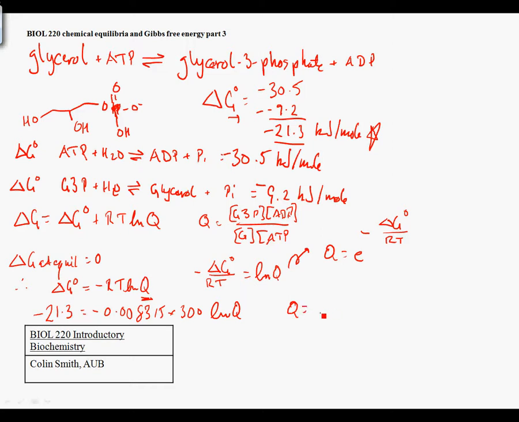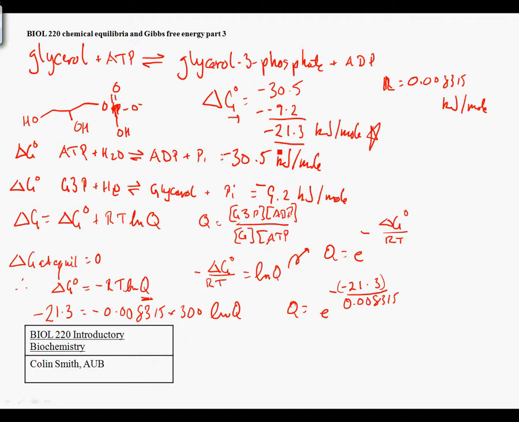Q is going to be equal to e to the negative negative 21.3, that's a negative value anyway, divided by 0.008315. This is in kilojoules. Notice that I'm using R equal to 0.008315 kilojoules per mole.